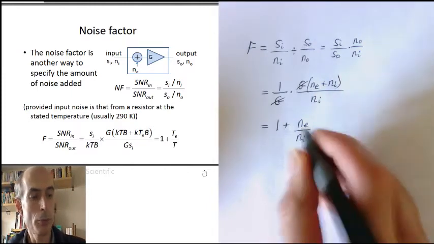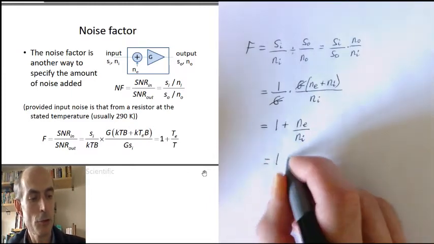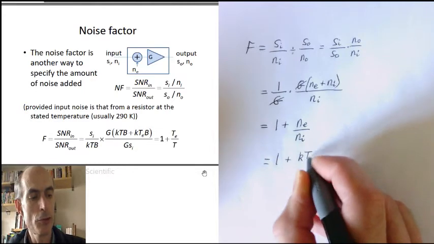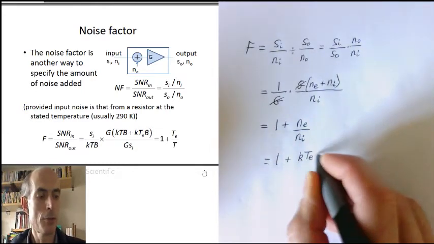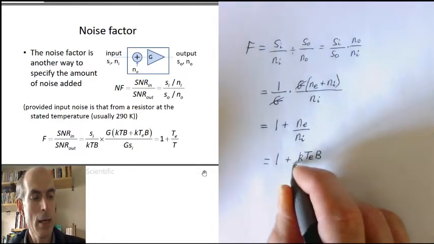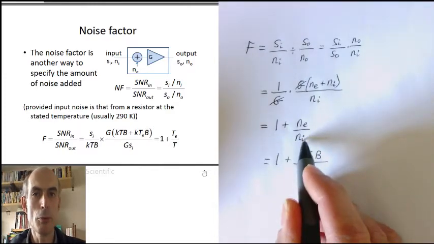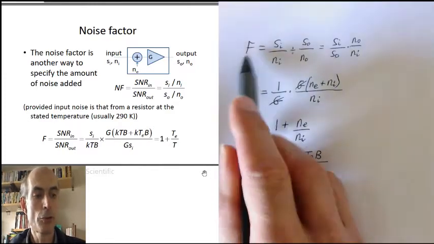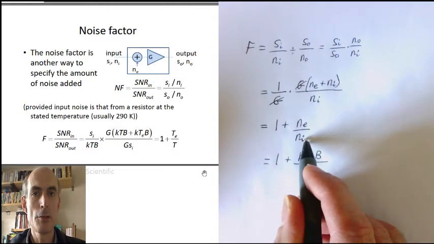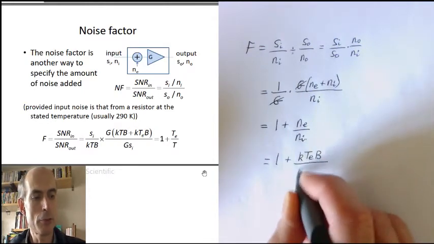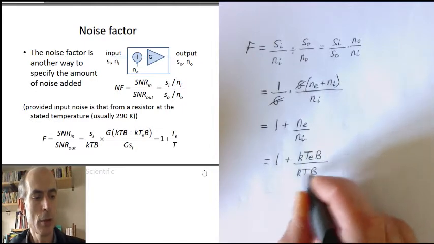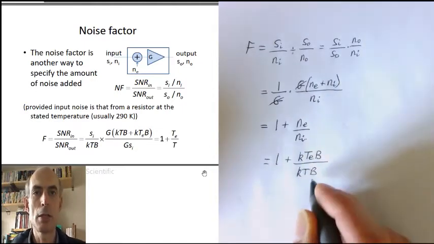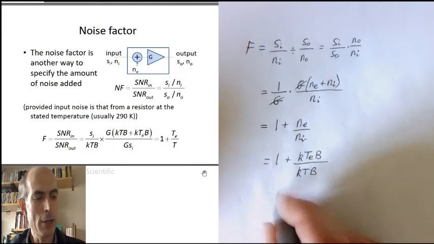Now the equivalent input noise is just K times the noise temperature of the amplifier times the bandwidth, and the input noise for a noise factor calculation is the temperature of a resistor at the system operating temperature, which I'll just call T, usually taken to be 290 degrees K, as mentioned.